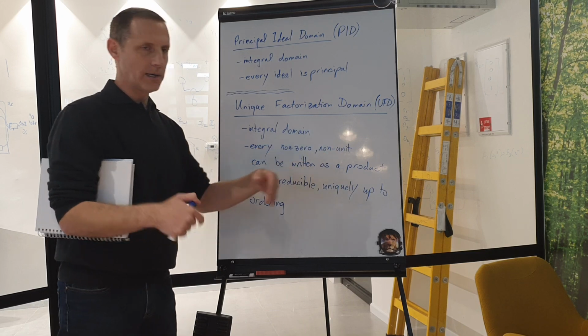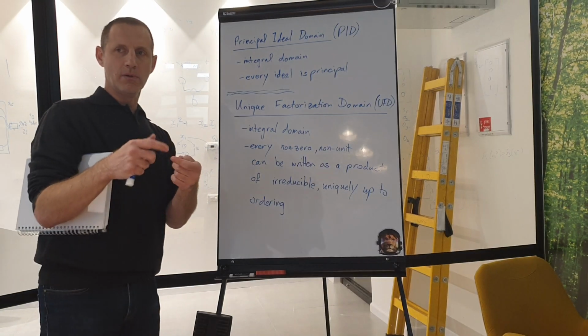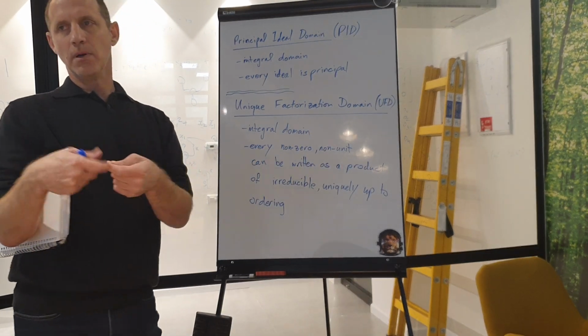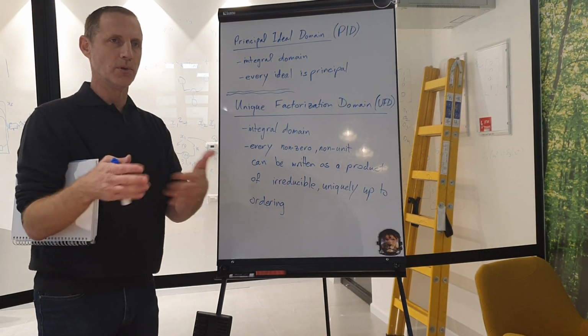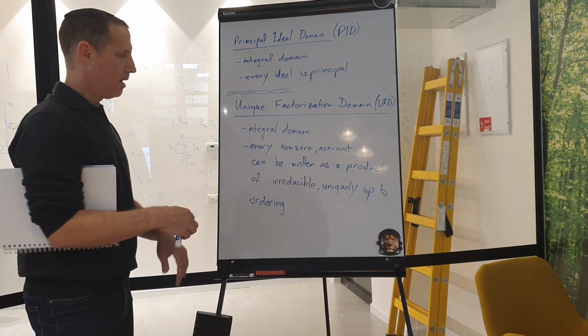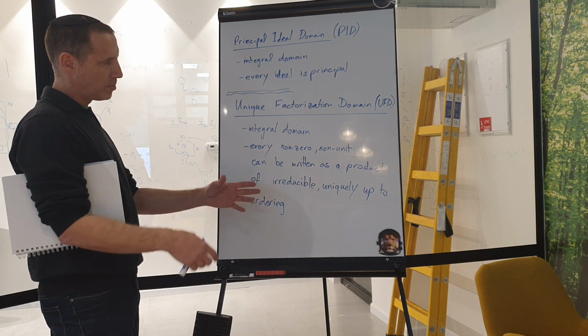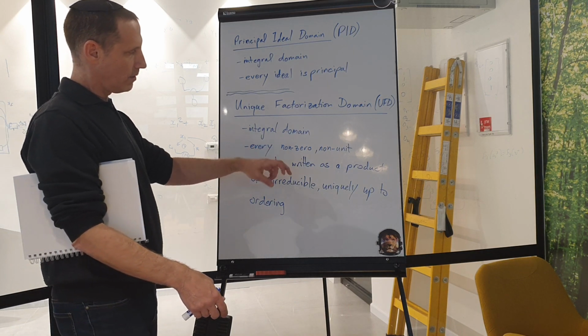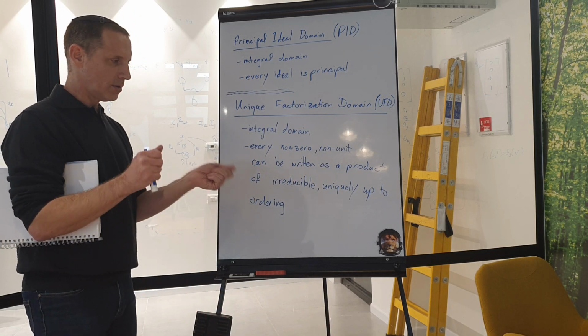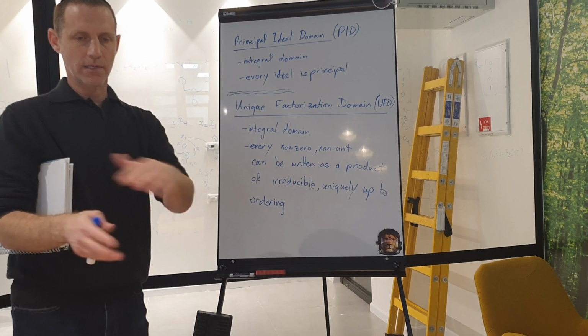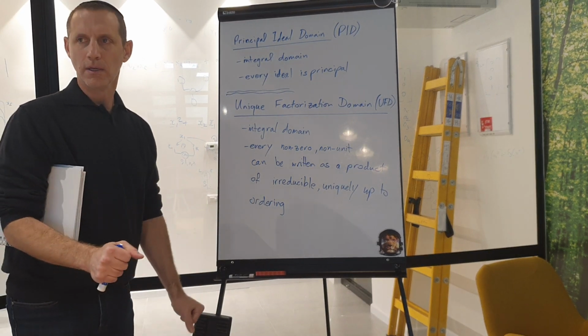And of course, with these non-units, what happens with units is that you can always multiply them by units and they stay the same, so you don't care about multiplying them by units. When you present it as a product of non-units, because it's an integral domain, you've got commutation. You can exchange the order, it doesn't make a difference.